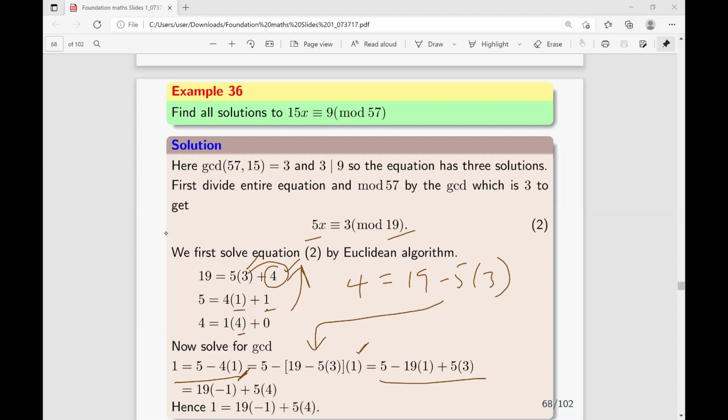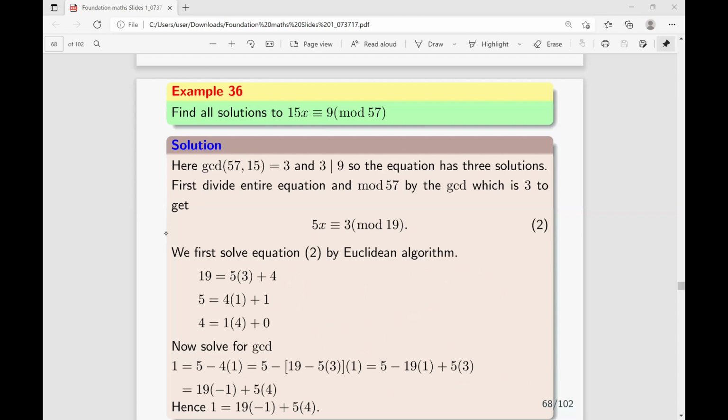Collect like terms. 5 times 1 plus 5 times 3 gives you 5 times 4. And then this negative 19 times 1 is the same as 19 times -1. That's what I wrote. Now, what this means, therefore, is that we have a solution for this system.